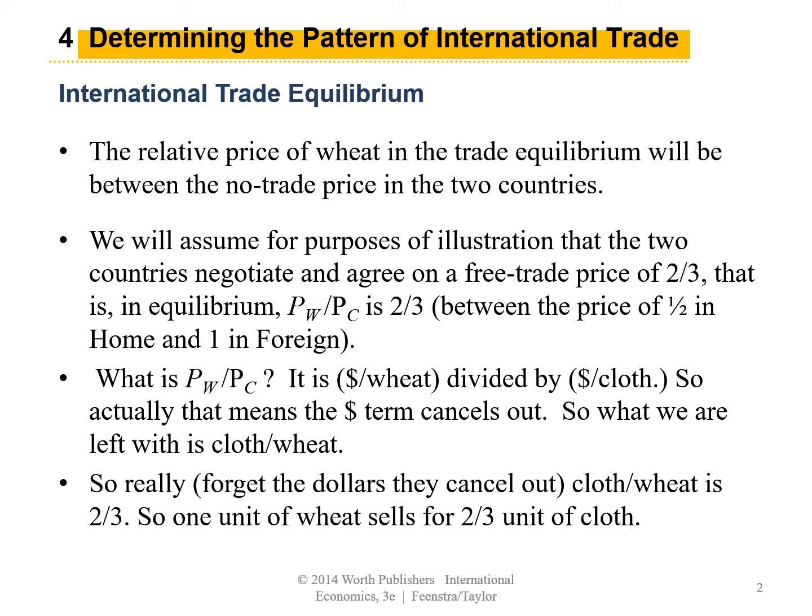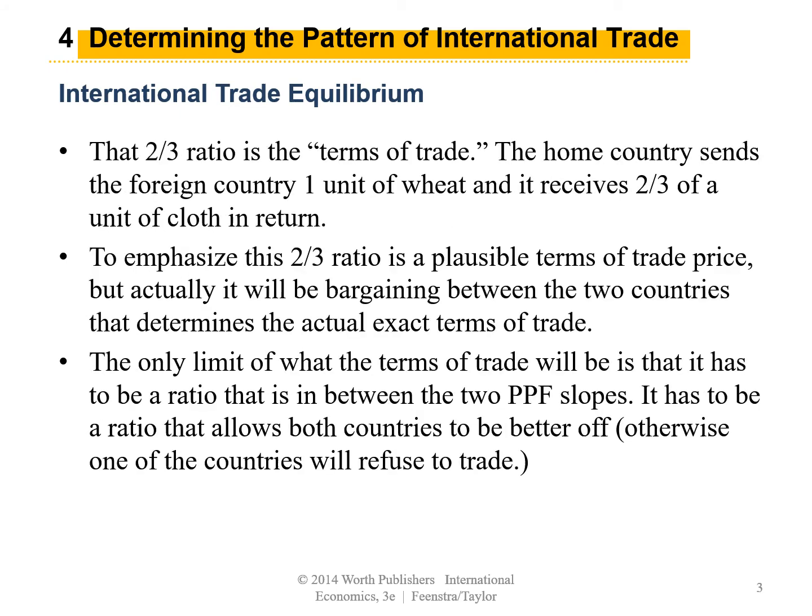They don't actually make any difference to the result, so don't worry about the dollar thing. It's actually a situation where one country is trading physical units of one good in exchange for physical goods of the other country. The 2/3 ratio is the terms of trade. It's the rate at which one country is doing a deal with the other country.